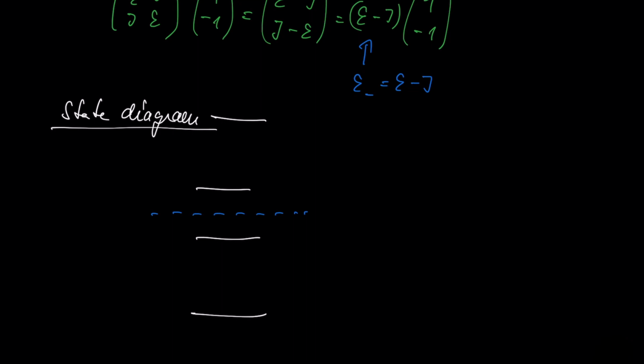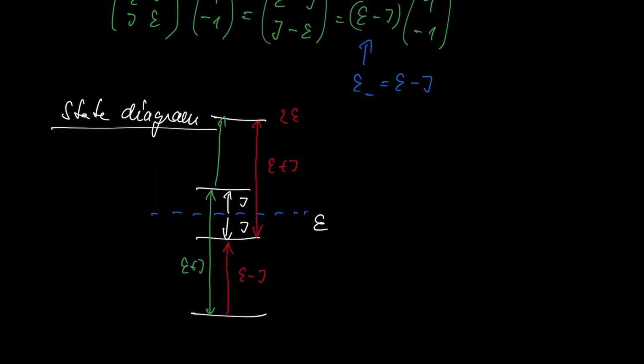Here we will have the original energy epsilon, and it will be split up and down by J. So we can see two transition energies from the ground state. One of them will be epsilon minus J, and from the same state up to the 2 exciton state, which is 2 epsilon, we are going to see epsilon plus J. And also from the ground state we see epsilon plus J, and from here to here there is going to be epsilon minus J energy.